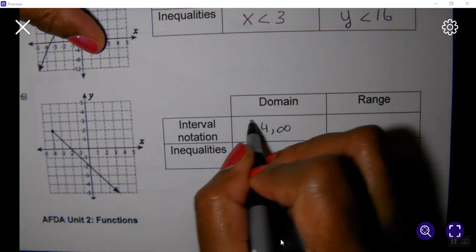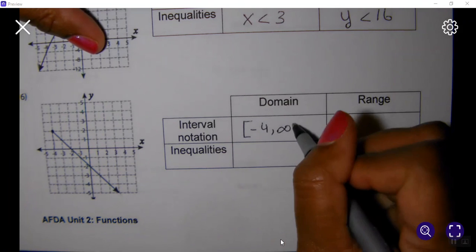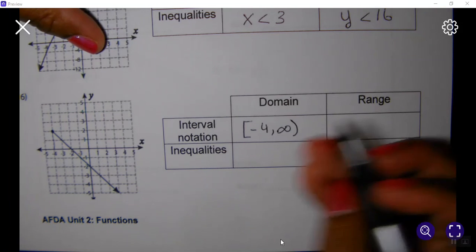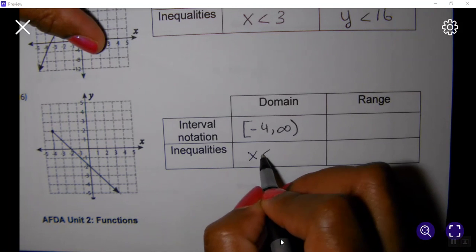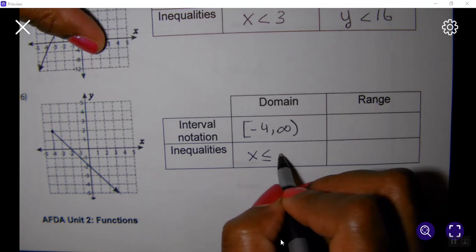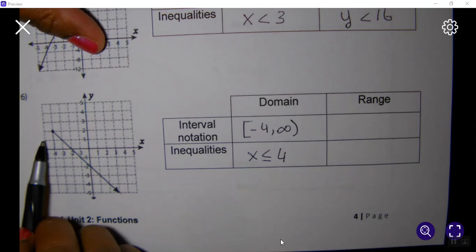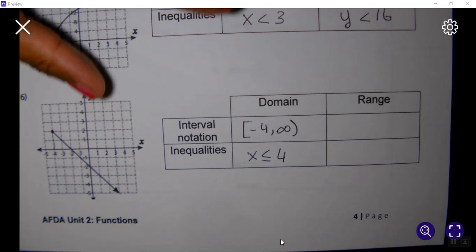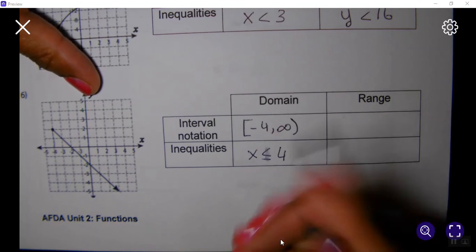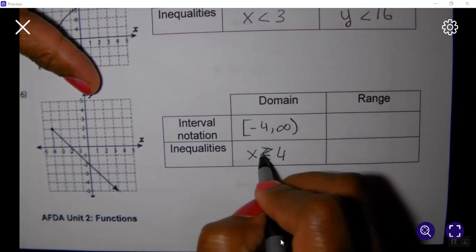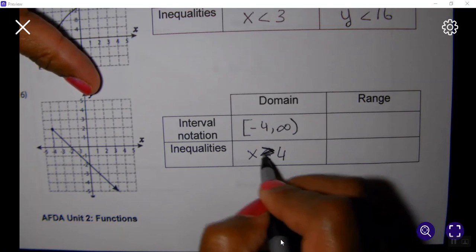And then at negative 4, it's closed. And then at infinity, it's open. So we can say x, the domain, is everything less than or equal to 4. Because if you look, oh, I'm sorry, I did that wrong. I knew I did it wrong. I was looking at the range. And I wrote with a pen. Greater or equal to.